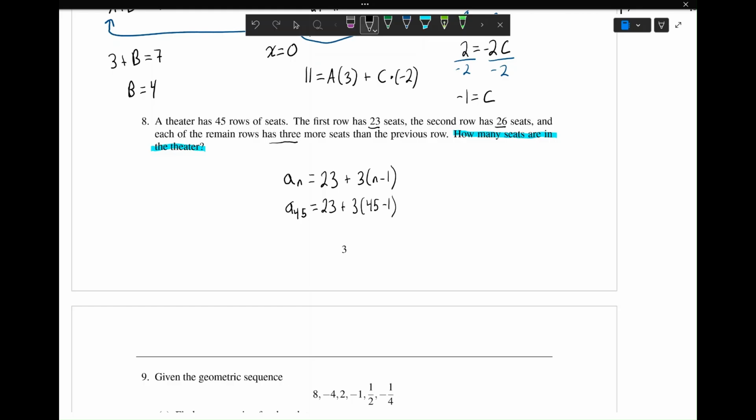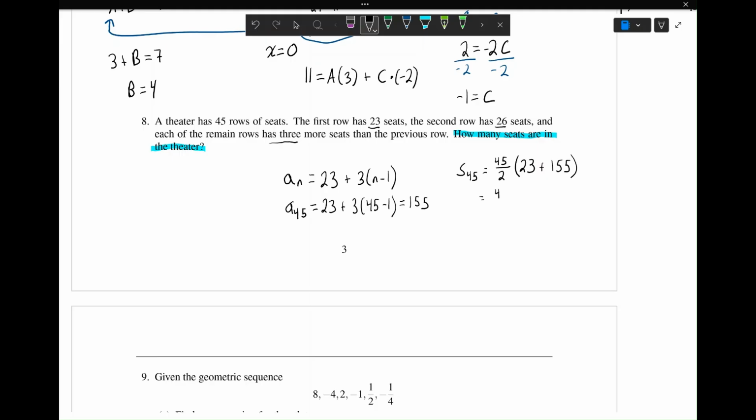I'm going to plug that into a calculator because I'm feeling lazy. So 23 plus 3 times, I guess that's 44. And so that means in the last row, on the 45th row, there's 155 seats. And our sum formula said the sum over 45 rows is going to be 45 over 2 times the number of chairs in the first row, 23, plus the number of chairs in the last row.